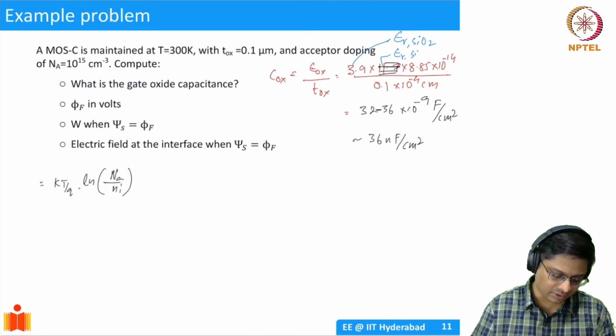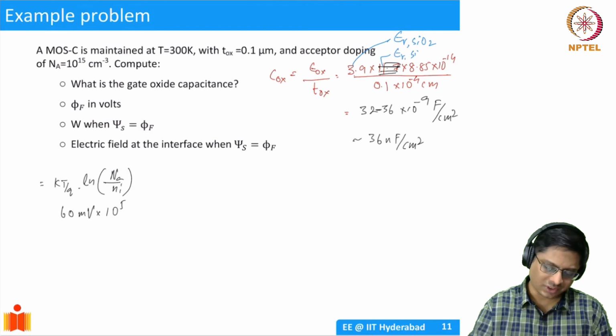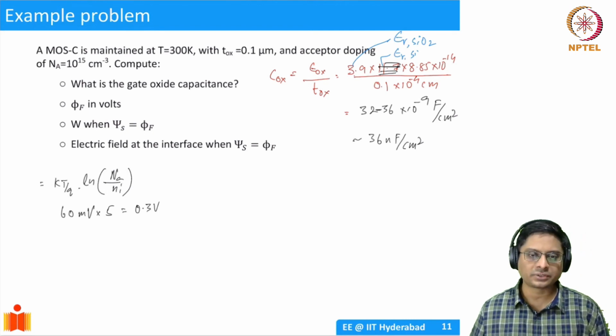So this will be 60 millivolts into 10 power 5, or 10 power 15. Sorry, not 10 power 5. Making a lot of mistakes. 0.3 volts. Okay, this is phi f.